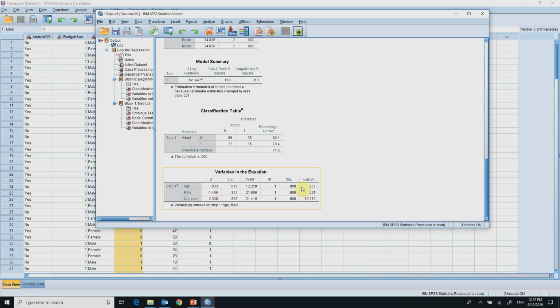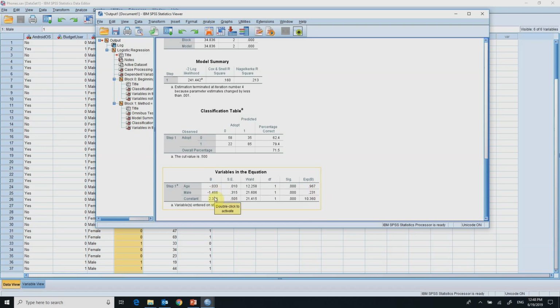And then the exponential beta represents the odds ratio. Here, a number below 1 represents, again, a decrease in adoption, and a number above 1 represents an increase in adoption.